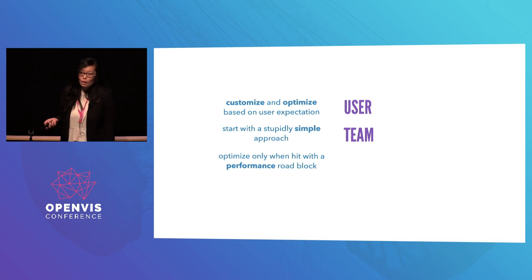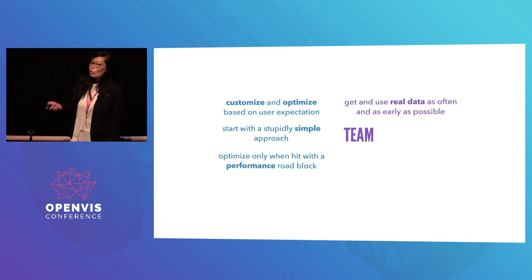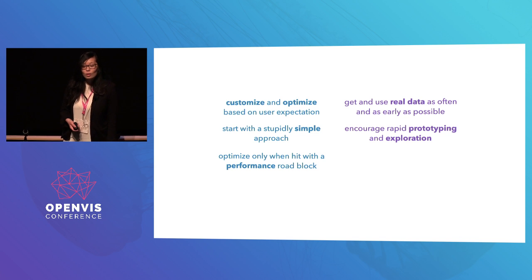Third, only optimize when we hit the performance roadblock, and then optimize based on the data we gather. And always get and use real data as often and as early as possible. And when we don't know what to do, always prototype and always explore.